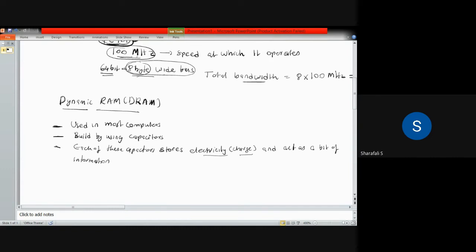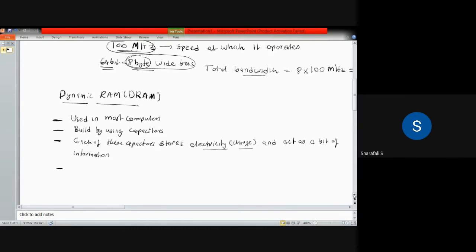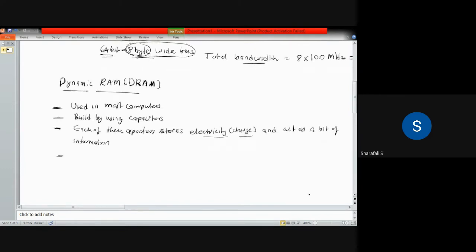Okay, I will explain the operation, working, all those things. So here these electric charges will be stored in these capacitors, and a charged capacitor will be acting as a bit which is equal to 1. If it is not charged, then it will be acting as 0. Okay, so that's how we will store the binary values in this dynamic RAM. Now this electrical charge of this DRAM decreases with time because of the capacitor's decay.